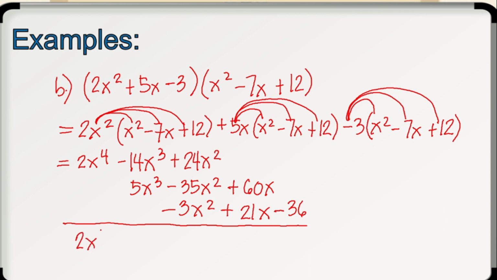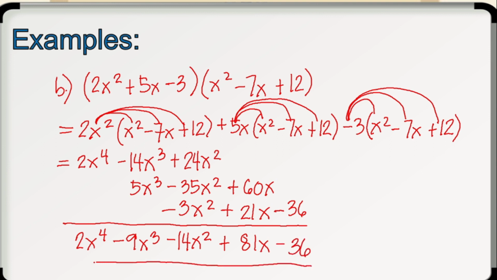Negative 14x cubed plus 5x cubed is negative 9x cubed. 24x squared minus 35x squared minus 3x squared is negative 14x squared. 60x plus 21x is 81x. And copy negative 36. Therefore, our answer is 2x raised to 4 minus 9x cubed minus 14x squared plus 81x minus 36.